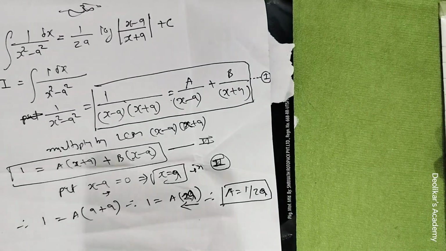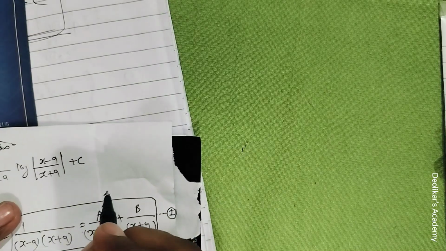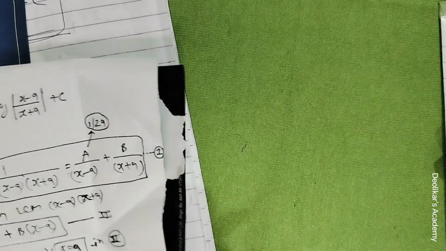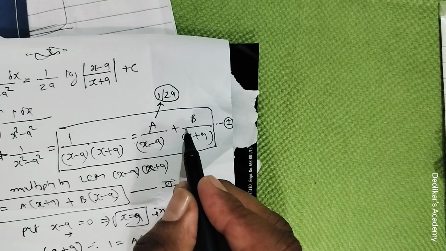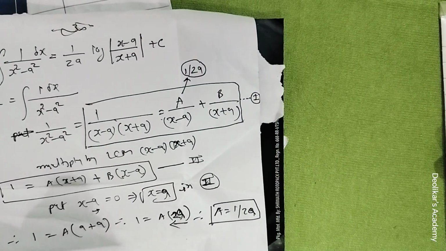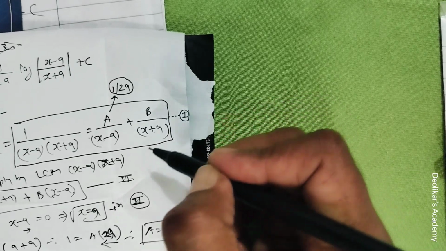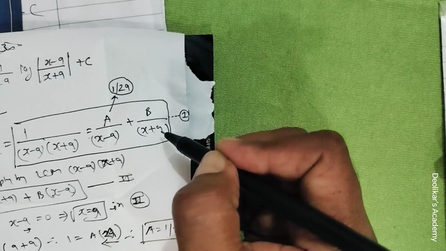Now you have got this value A equal to 1 upon 2a. We shall use this value then. Now what about B? To find B, what is the linear factor here, that is the linear function x plus a.